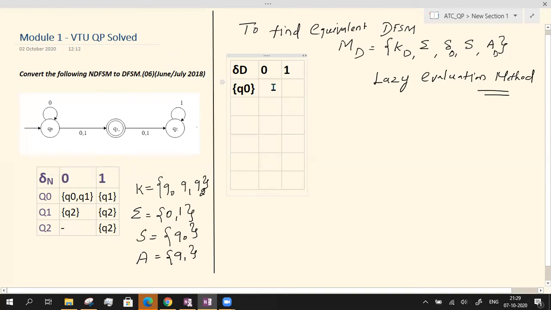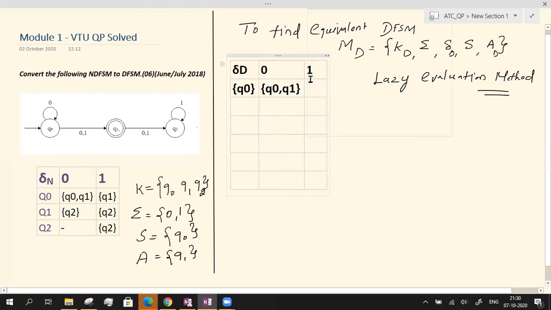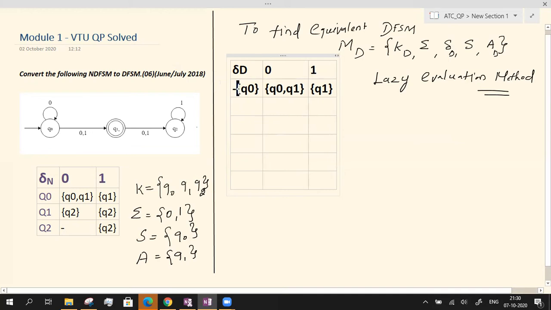So let us also write it here. From Q0 on reading 0, it goes to the states Q0 and Q1. From Q0 on reading 1, it goes to the state Q1.